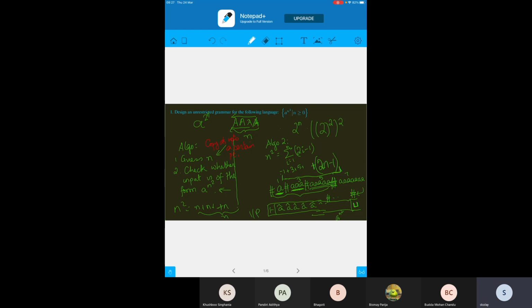Right? So basically, I am generating one step at a time. I'm generating 2i minus 1, going through all i's. Okay. So now can you think of an unrestricted grammar?